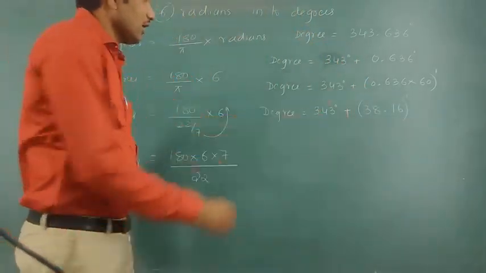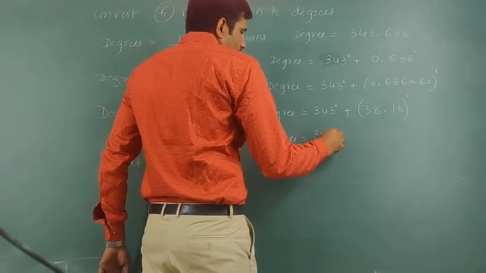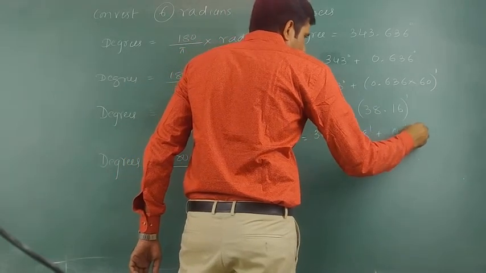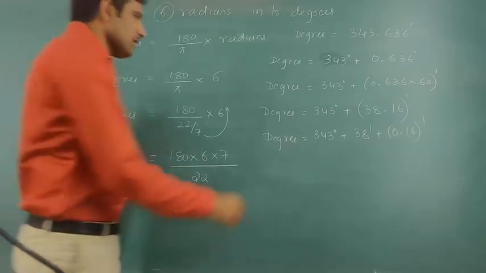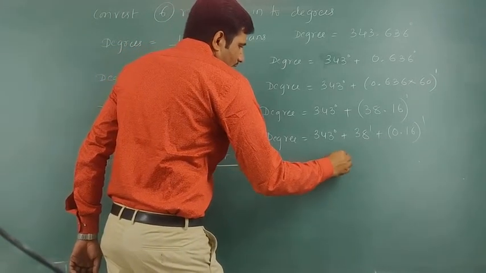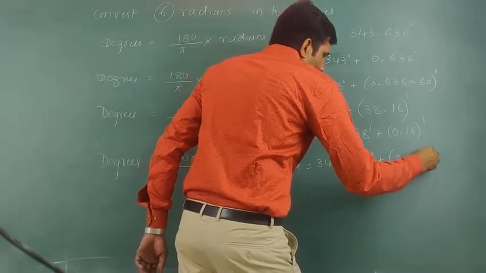So again, degree is equal to 343 degrees plus 38 minutes plus 0.16 minutes. Again convert that fractional part by multiplying by 60. 0.16 into 60.